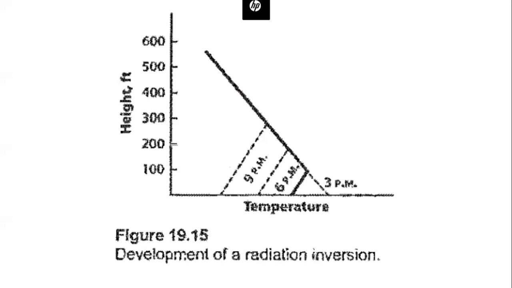So let's think about the scenario where we have solar radiation at 3 p.m. Basically the air, as the solar radiation is penetrating all the clouds, normally we'll feel that temperature is hottest on the ground at around 2 or 3 p.m. So the entire atmosphere is warmed up, and under that situation, it's going to follow the dry adiabatic lapse rate.